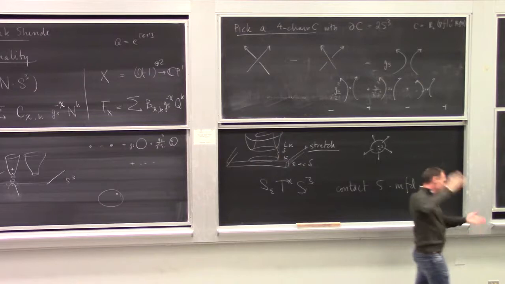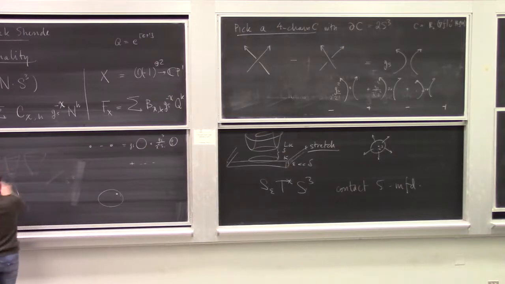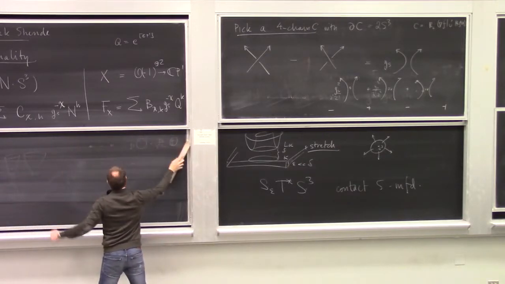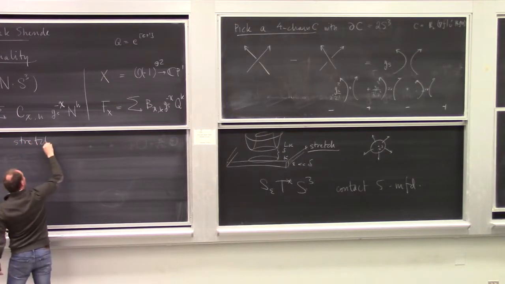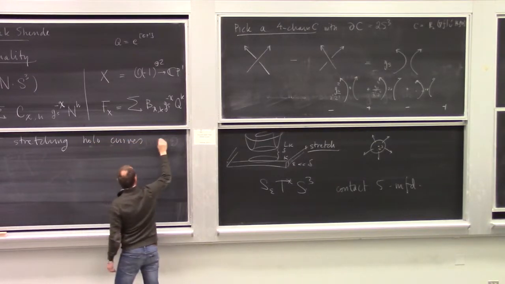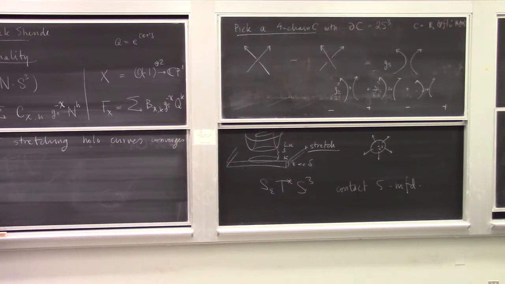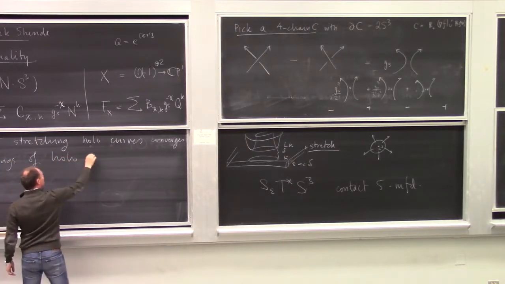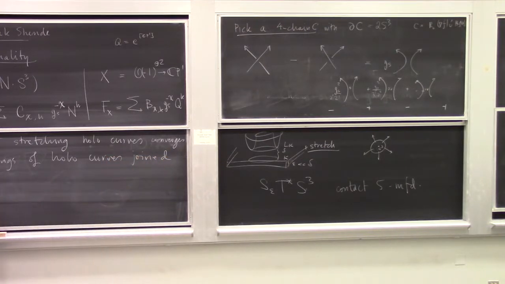And when I SFT stretch, there is a counterpart of Gromov compactness due to Eliashberg, Givental, Hofer, Bourgeois, Eliashberg, Hofer, Wysocki, and Zehnder, that tells you that under SFT stretching, holomorphic curves converge to buildings of holomorphic curves joined at the orbits.